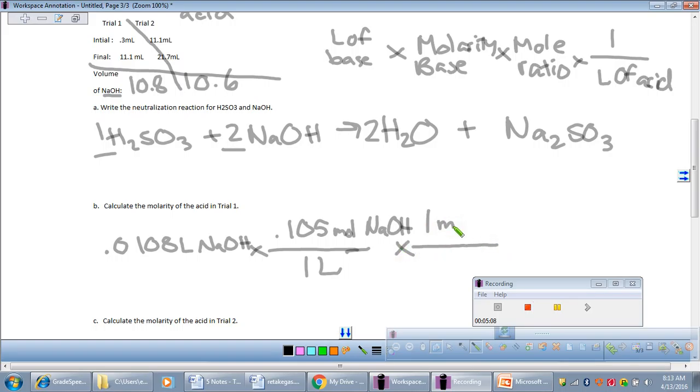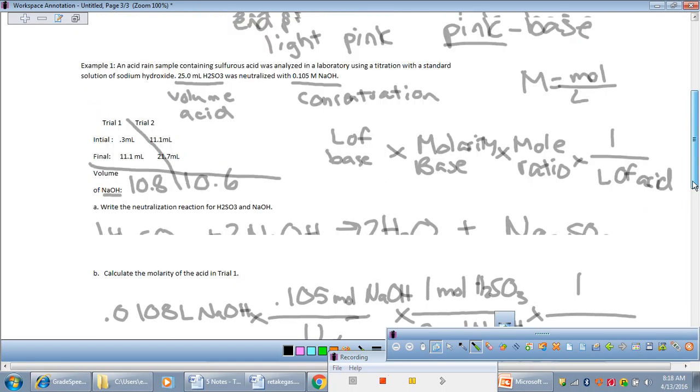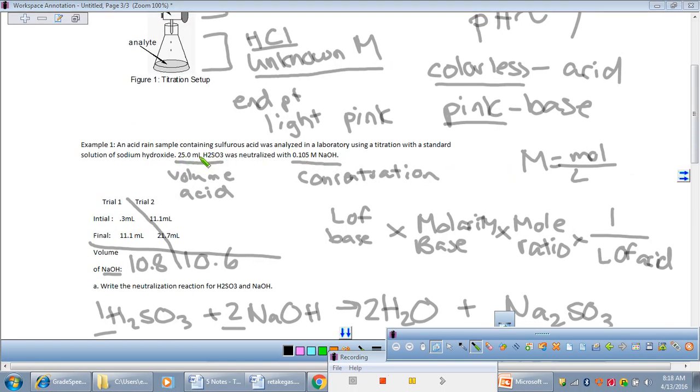Well, we did our balanced equation to get that. For every 1 mole of sulfuric acid, you have 2 moles of NaOH. And the very last thing is we don't want moles of sulfuric acid, we want molarity. So we are going to divide by liters of acid, which you're going to know when you start. That's how much you put into your Erlenmeyer flask.